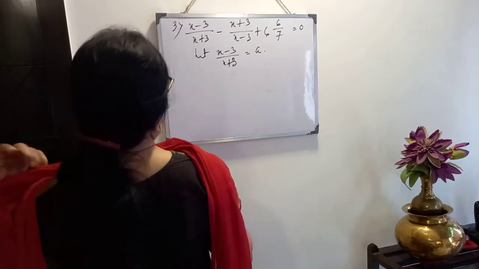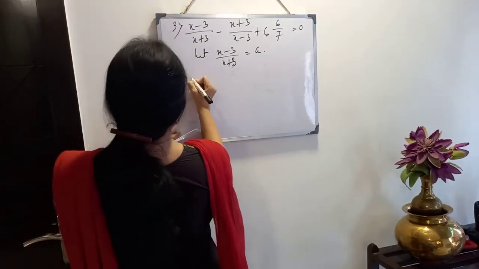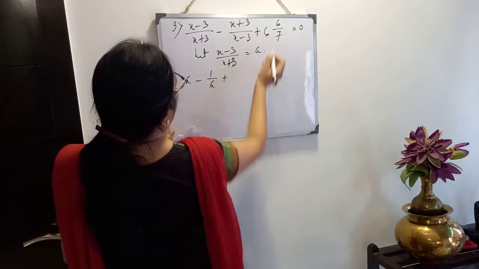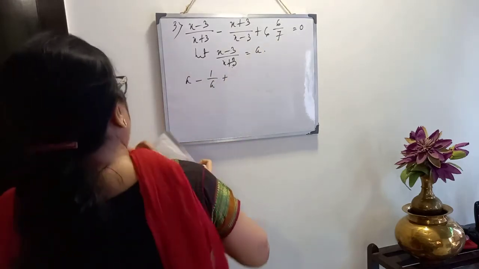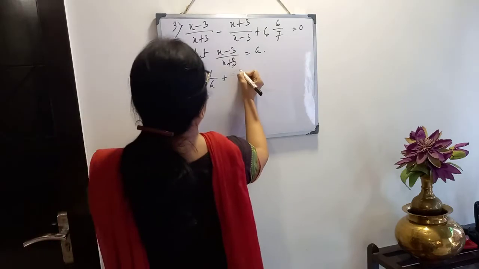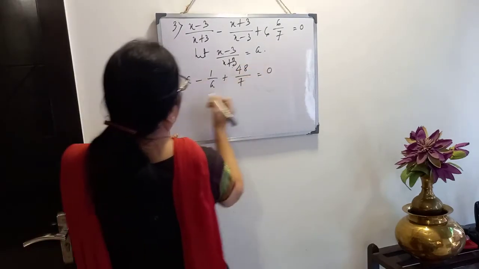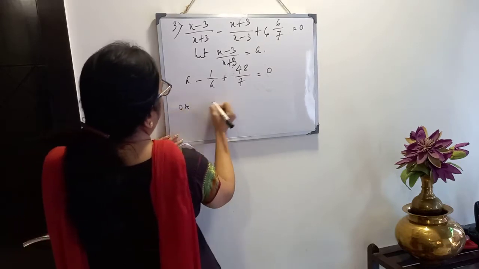Clear? So it is becoming a minus 1 by a plus 48 by 7 equals to 0. Then we will take the LCM.